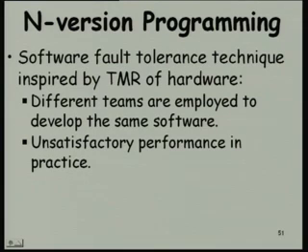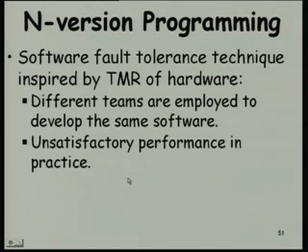They might use different algorithms also, because they are working independently. Hoping that the different versions of the software will be different, we can make them work at the same time and then take the voting, but again it is not a very effective technique.